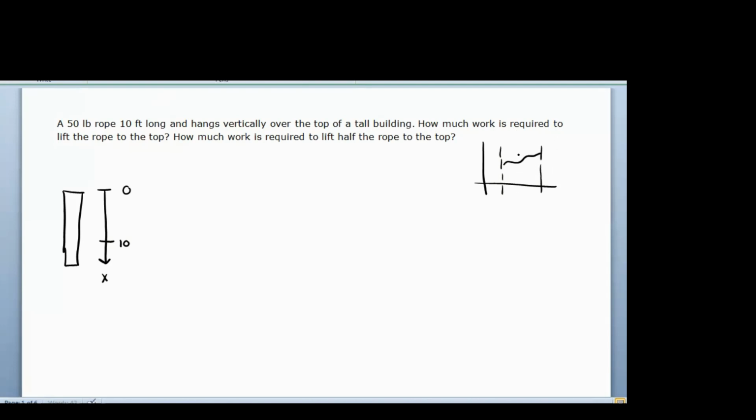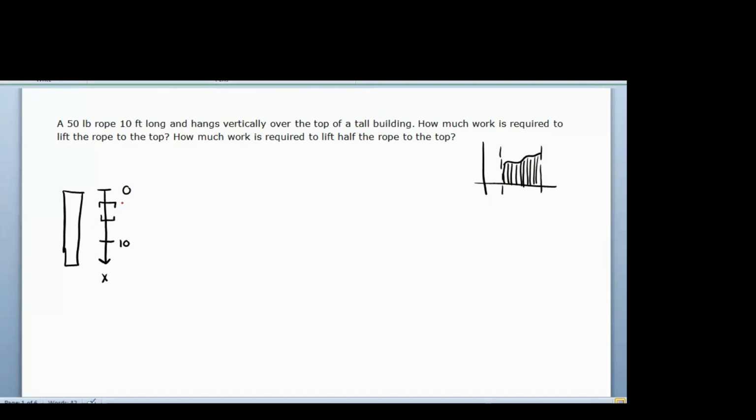Remember the idea behind this is that we're going to slice it up into really tiny slices, as small as we can, and then add up the area of all of the slices. So I'm going to do something very similar except with work. On this rope, I'm going to take a sample slice, which is just an interval of my rope.